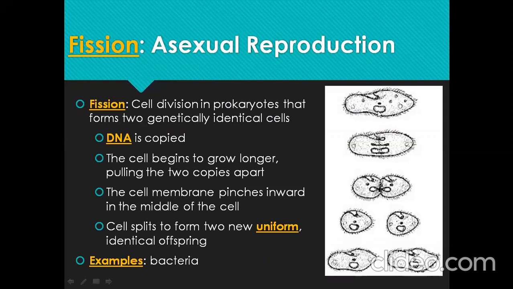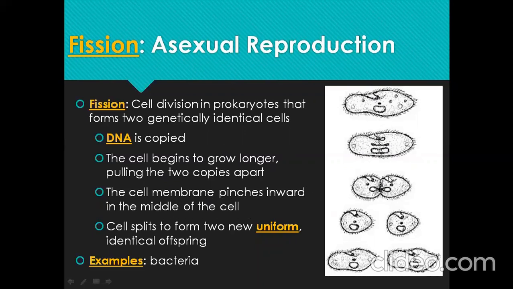The DNA of this bacterium replicates, and two identical DNA copies form. The bacterial cell begins to grow longer, pulling the two copies apart, and the two DNA separate from each other. The cell membrane pinches inward in the middle of the cell.